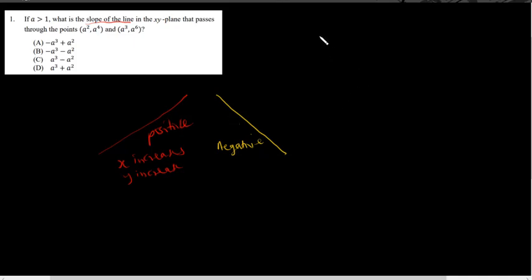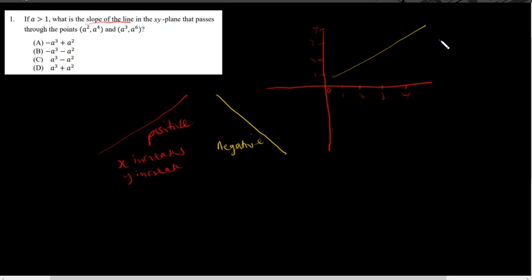So let me draw a simple graph to illustrate what I'm saying here. We have 0 here, 1, 2, 3, 4, and here we have 1, 2, 3, 4. Now if I draw a line this way, this line has a positive slope.